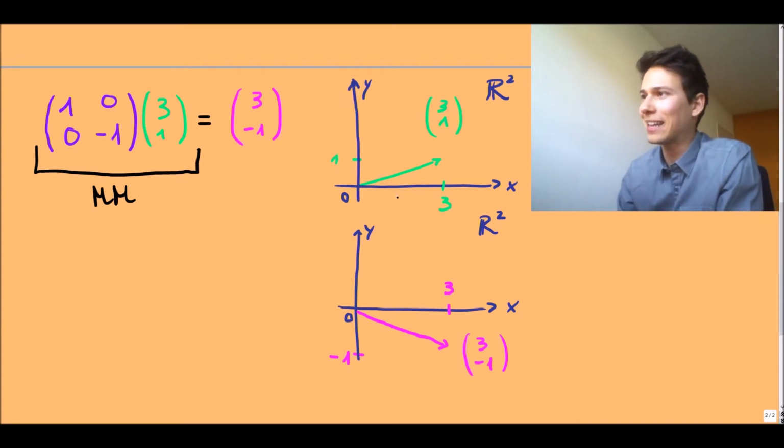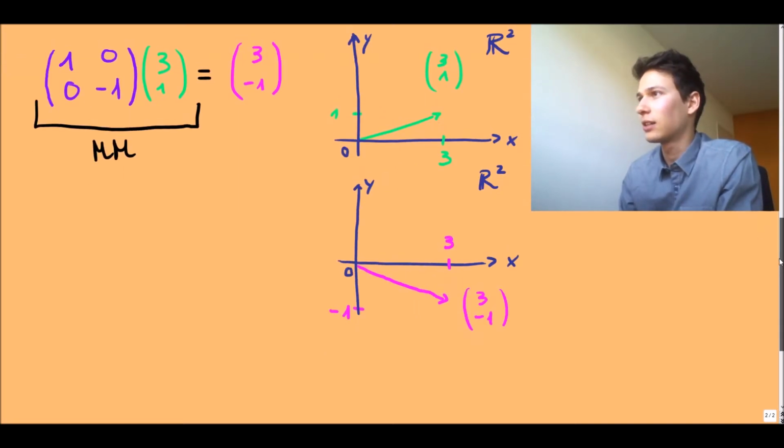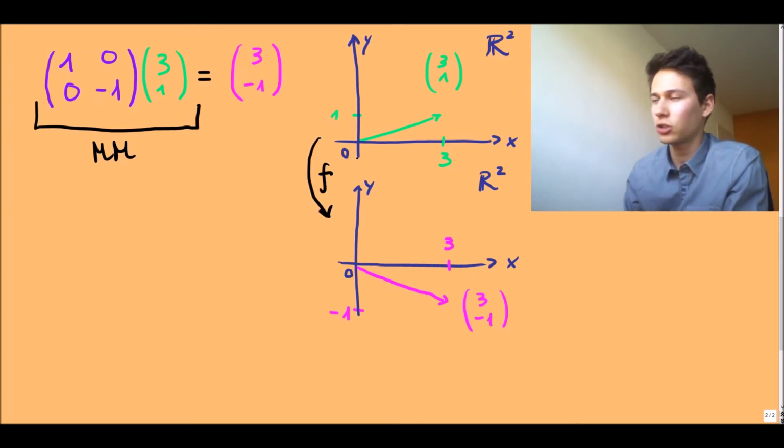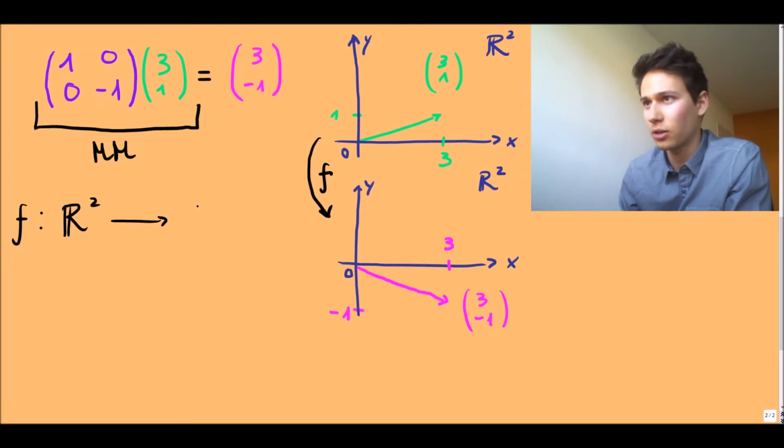So now let's try and write down the function as we did in the upper example. So let's write down the general function more formally. So our function f goes from R2, our domain, to our codomain, R2.